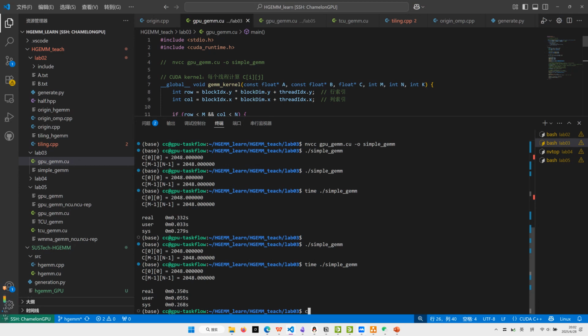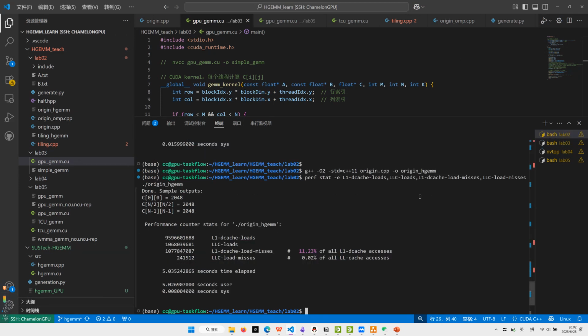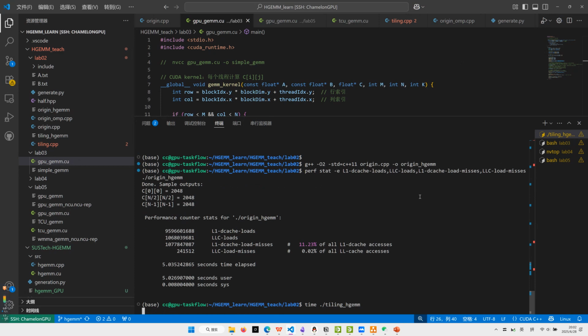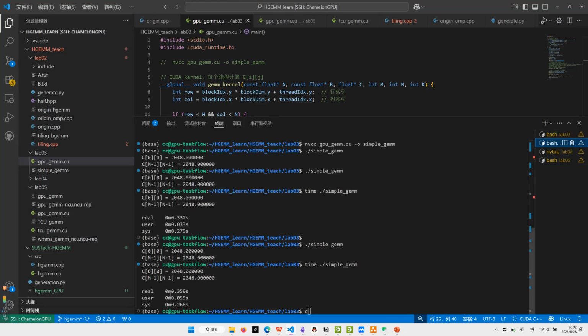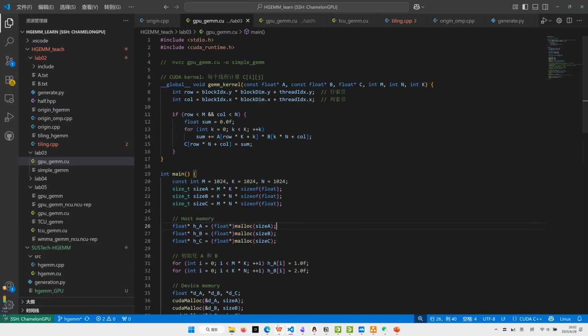And if you see our lab 2's data and the time, which will be about 2.8 seconds, that is much slower, 8 times slower than the simple GPU code, while the GPU code can be even faster.